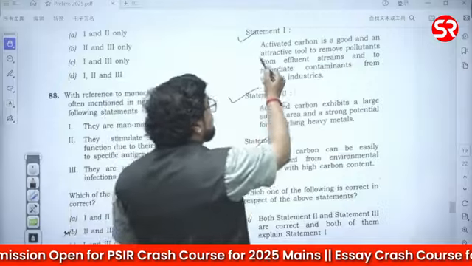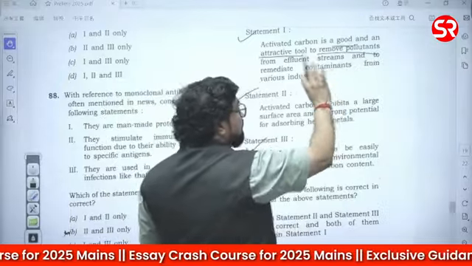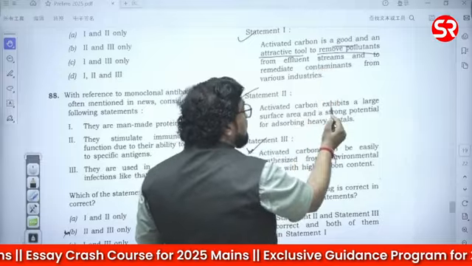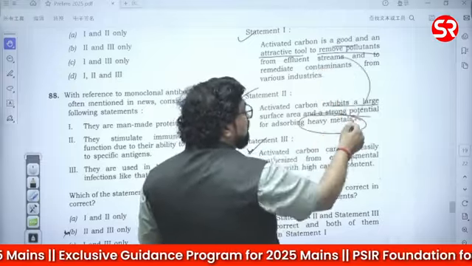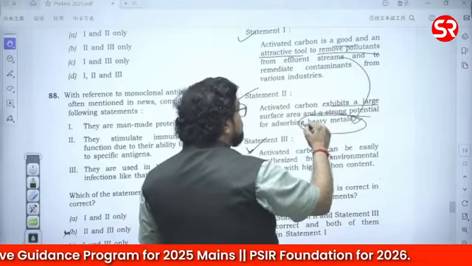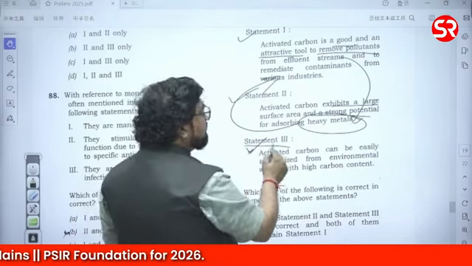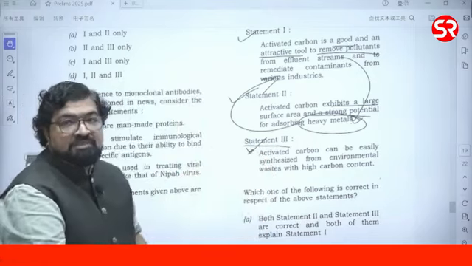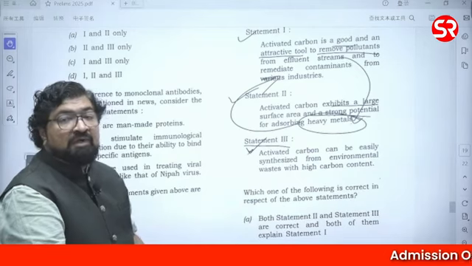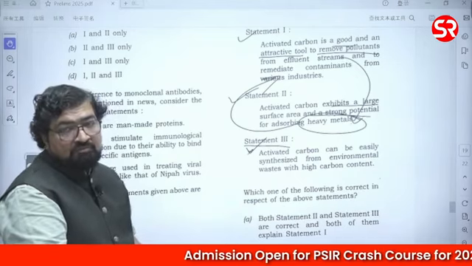But now see, attractive tool, good tool to remove pollutants. That means controlling environment, because of their large surface area where the heavy metals from the streams or industrial process can be absorbed. So statement 2 supports statement 1. But statement 3 does not directly support statement 1, because statement 3 simply states the source by which activated carbon can be produced.